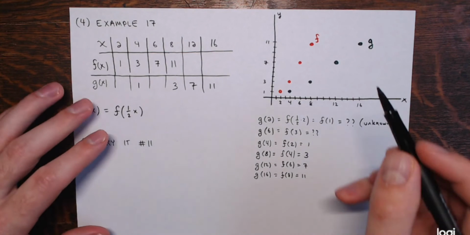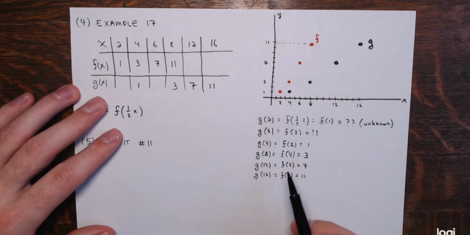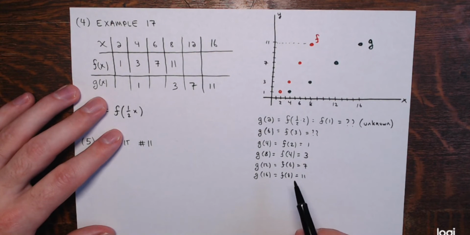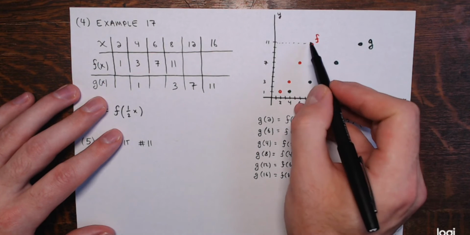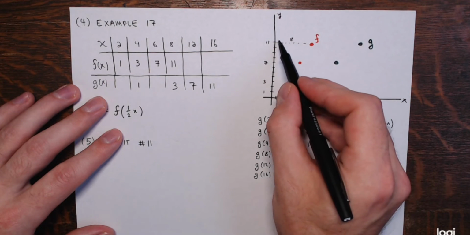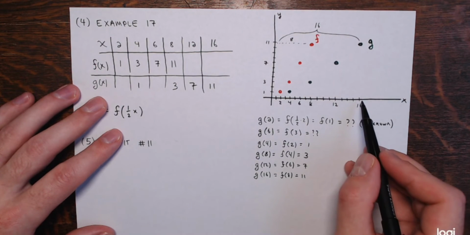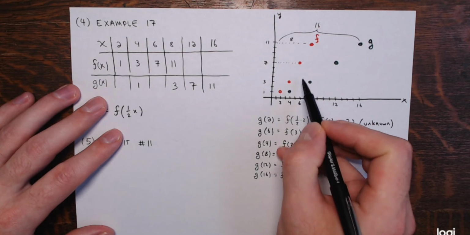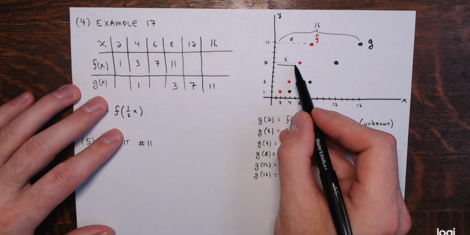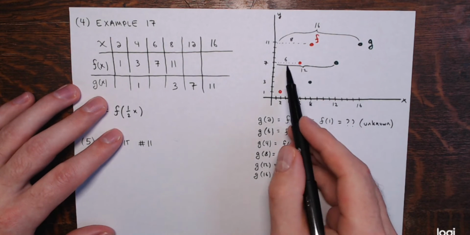And what happened is the distance from the y-axis got doubled here, didn't it? If I look at the distances from the y-axis, this point here was 8 units away, and the point on g was 16 units away. Doubled. This point here was 6 units away. The point on g was 12 units away from the y-axis. So the distance from the y-axis got doubled.